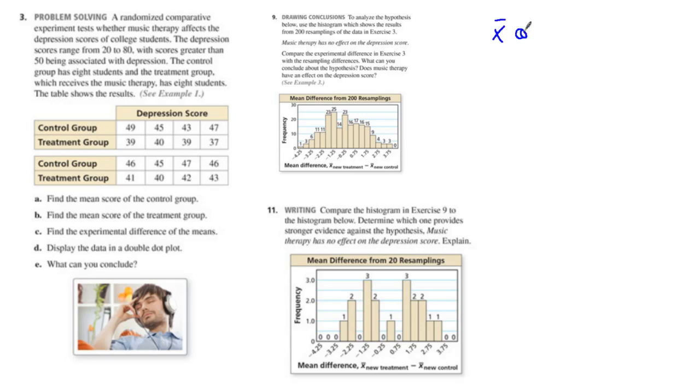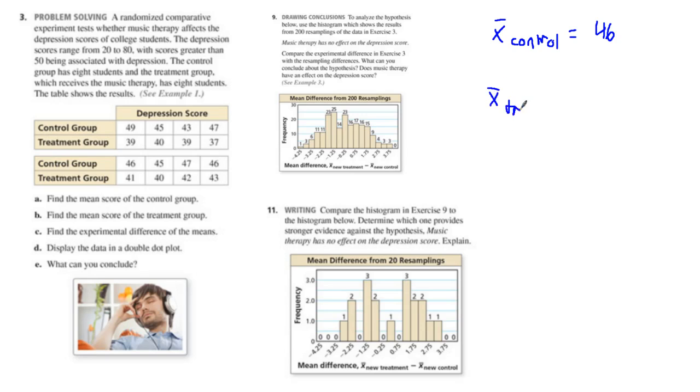I'm just going to do it in my head. The mean of the control. The mean of this control group is 49, 45, 43, 47, 46, 45, 47. Okay, so the mean of this control group is 46 as a depression score.